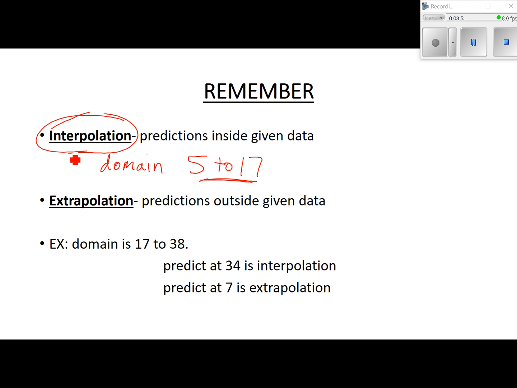If we pick numbers outside of there, like if we picked 19, then we're doing extrapolation when we're making a prediction. And you only want to make these predictions if your line of best fit actually fits the data. If the data is just random and there is no line of best fit, then it's not going to work out very well. And still, a lot of the times it won't work out real well for extrapolation.